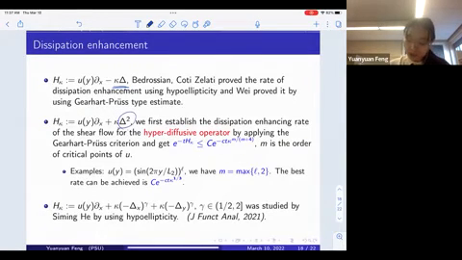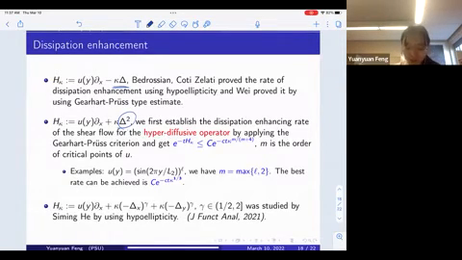We first established the dissipation enhancing rate of the shear flow for the hyperdiffusive operator by applying the Gearhart-Prüss criteria, and we get that this semigroup can be bounded by C times e raised to negative c t times kappa raised to m divided by m plus 4. And here, what is m? m is the order of the critical points of u.